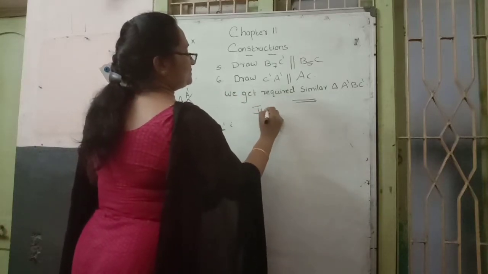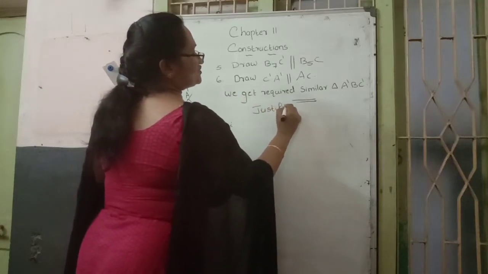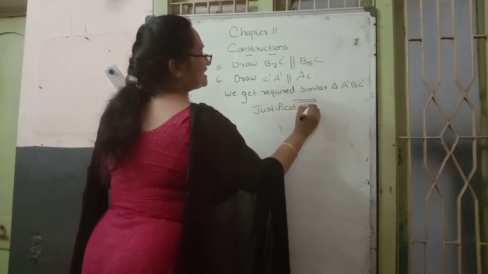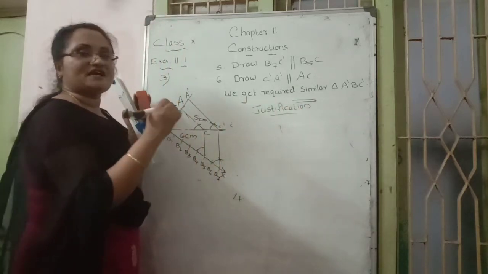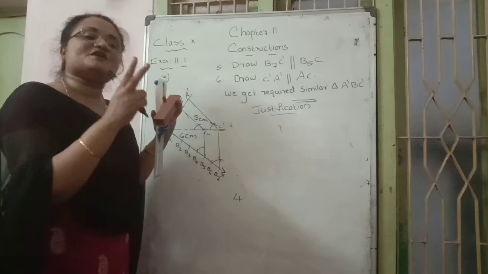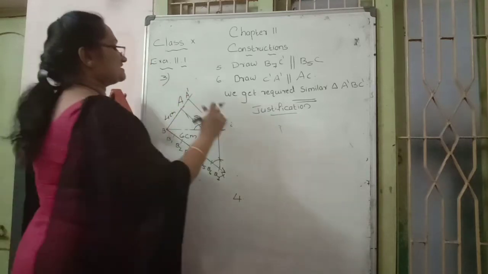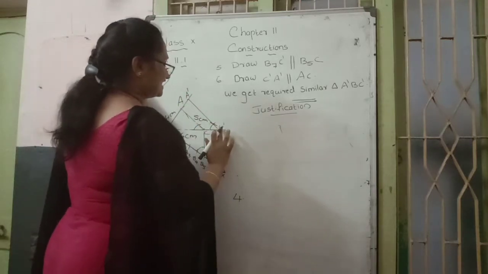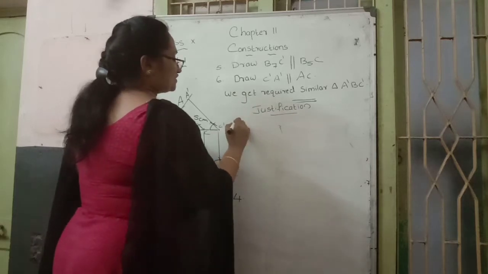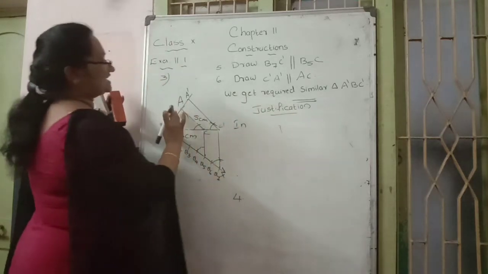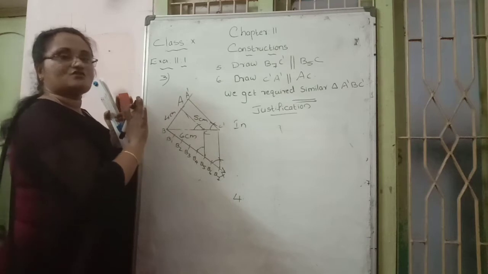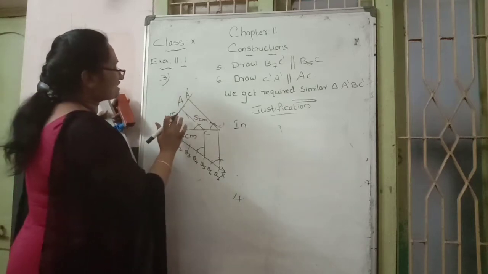Next step, justification. How to justify? The BPT theorem is applied. To apply the BPT theorem we require two triangles. Here, first we consider the top triangles, afterwards the bottom triangles. In the top, two triangles are there.